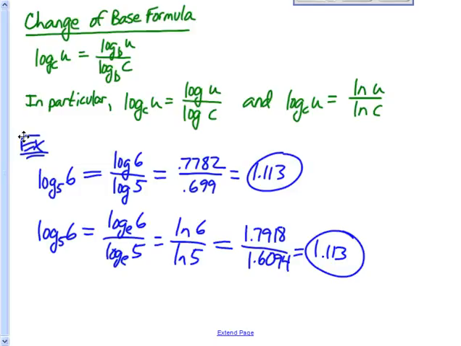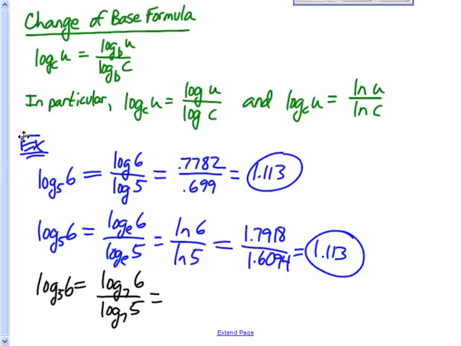Let's do one more with log base 5 of 6. You could change it to base 7. Log base 7 of 6 over log base 7 of 5. I know you don't have a log base 7 key on your calculator, but on some calculators you do.